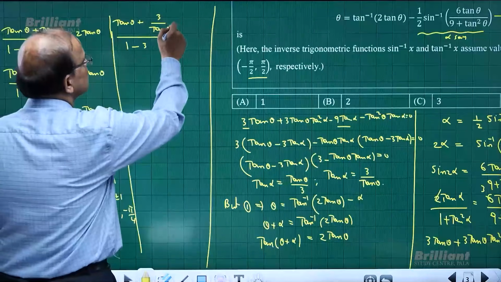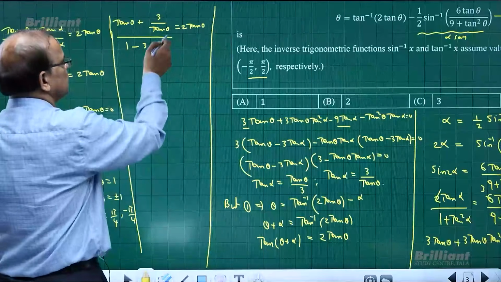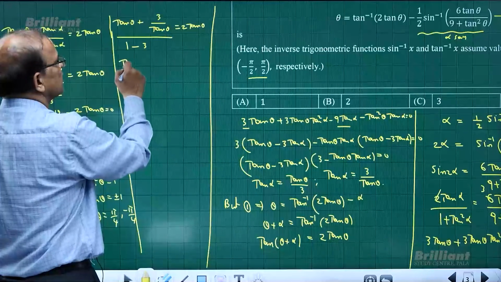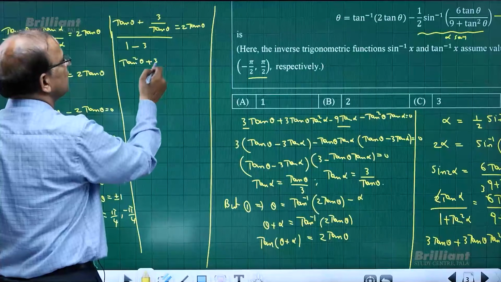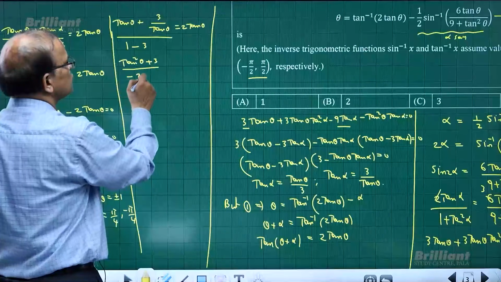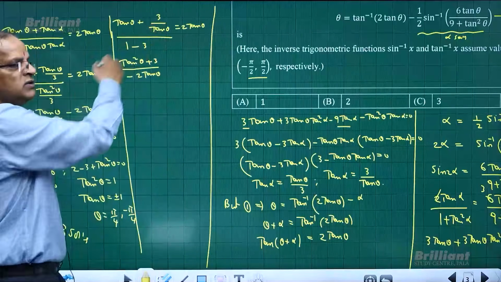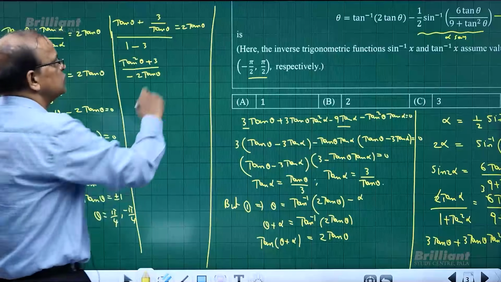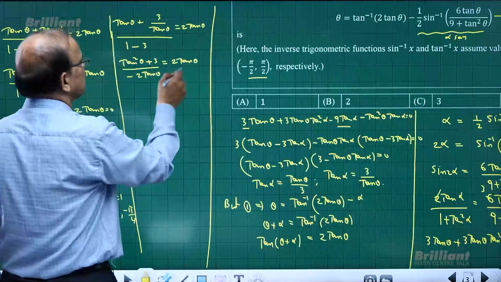So is equal to 2 tan theta, right? So what will we get? Tan square theta plus 3 by 1 minus 3, minus 2 tan theta, LCM, is equal to 2 tan theta, cross multiply.